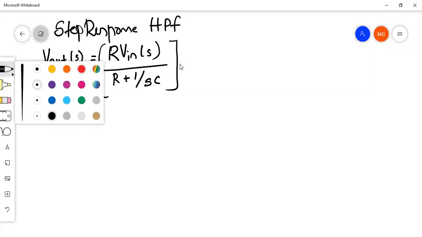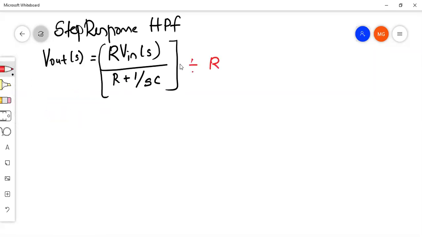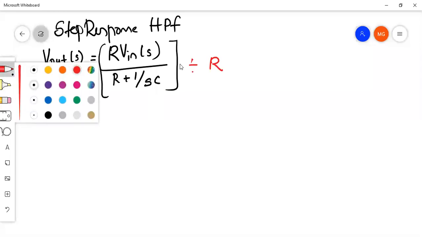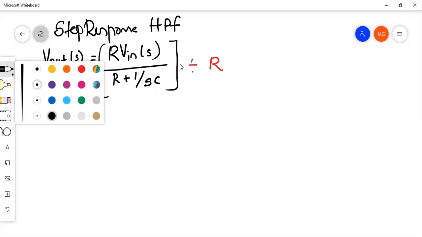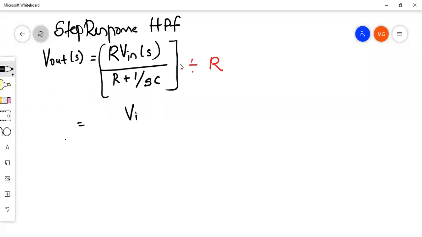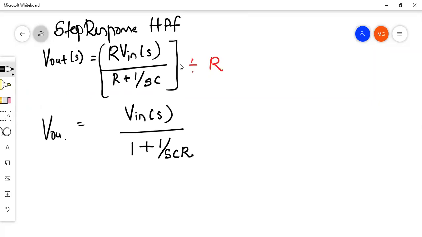What I am doing here is dividing numerator and denominator by R. Then I will get V in of S divided by 1 plus 1 by SCR. Is that clear? Is it correct? Yes, sir. Yes. Now the question here is, what is the input we are giving here?